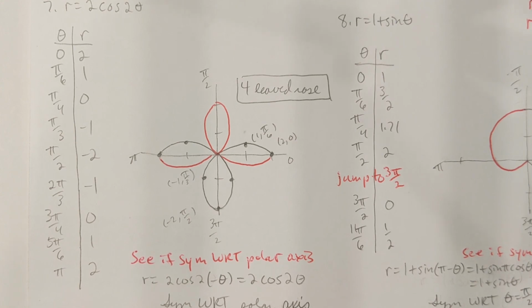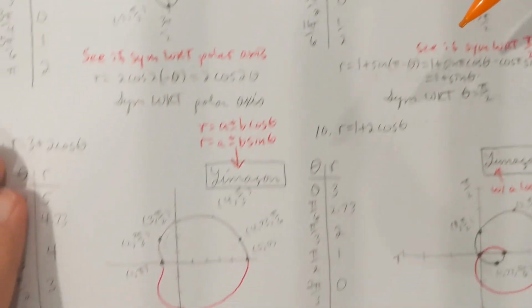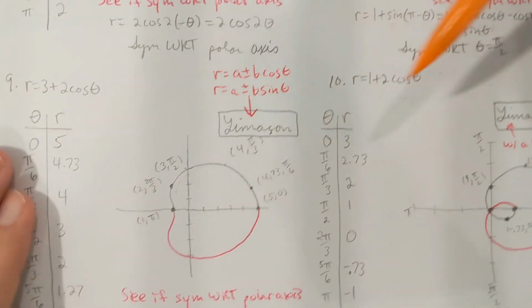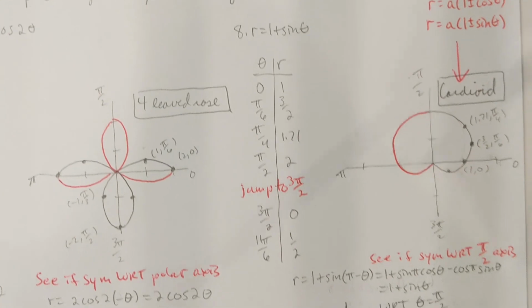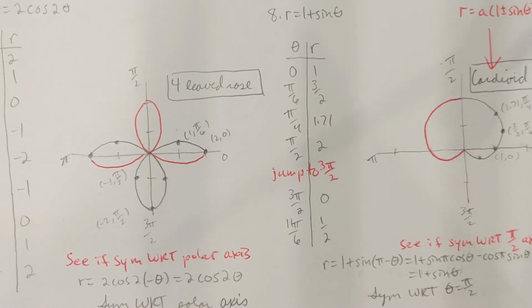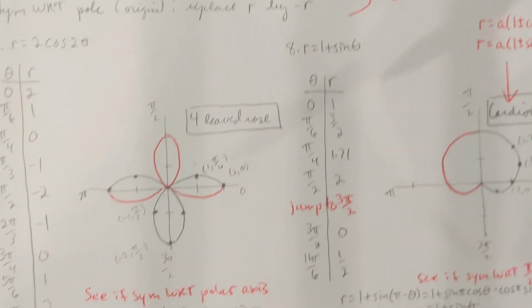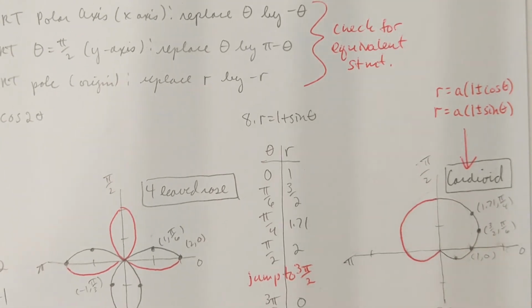Okay, it's the same deal here with polar coordinates. There are some curves that you do lots of things with, and they have a name to them. Okay, 4-leaf rose would be one of them. A cardioid, we'll look at that in the next video. A limaçon. Okay, some of these are common curves when it comes to polar coordinates. Okay, and I'm going to go ahead and stop right there.